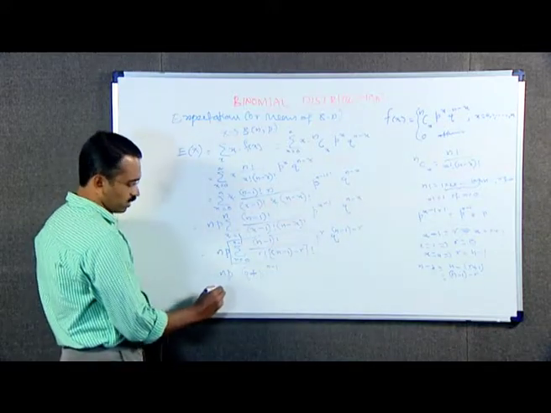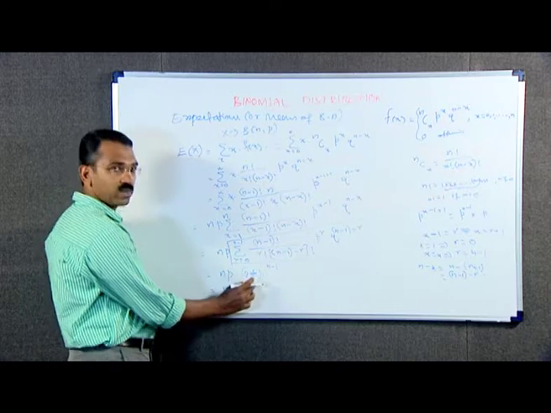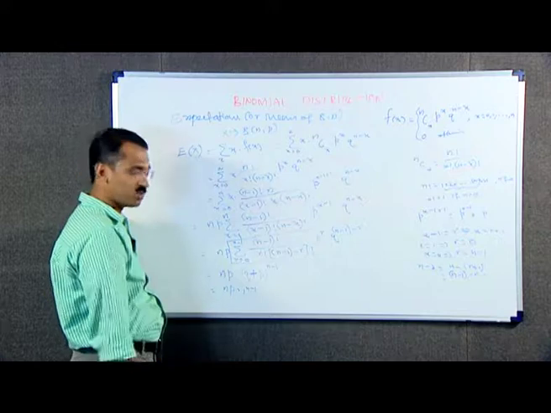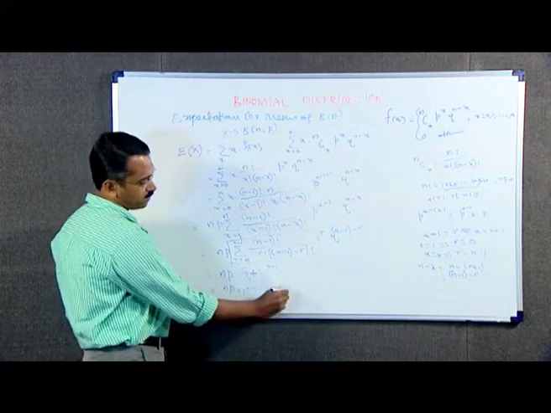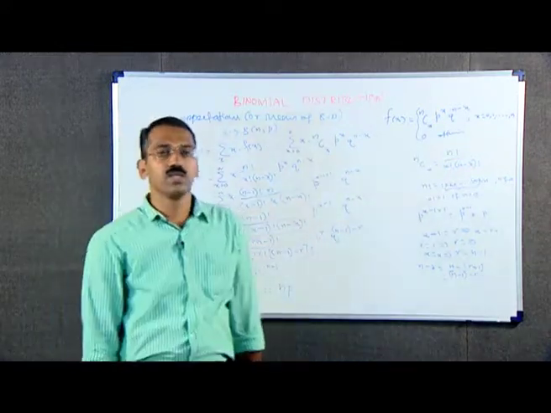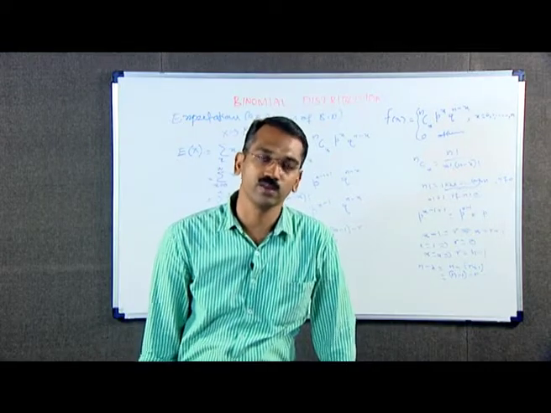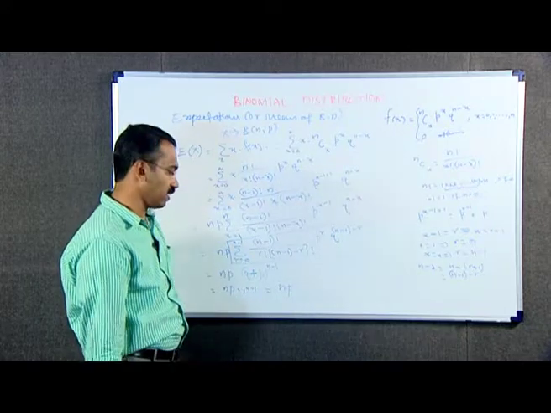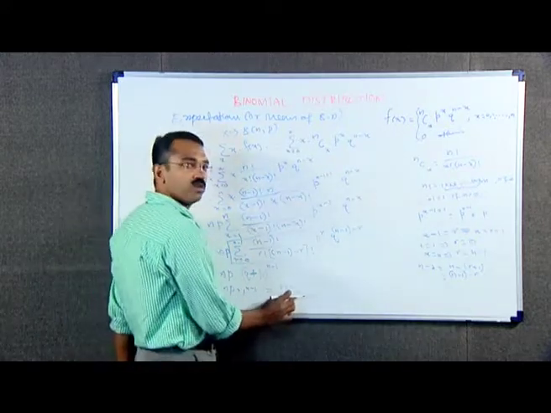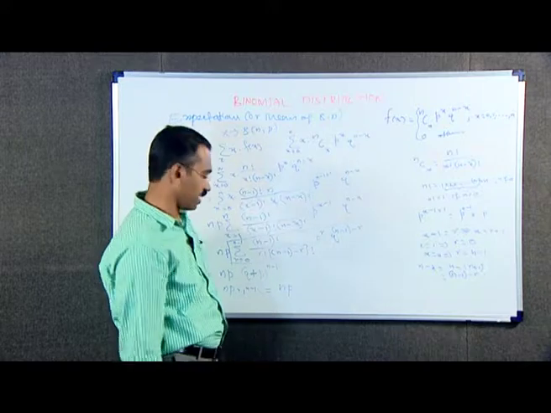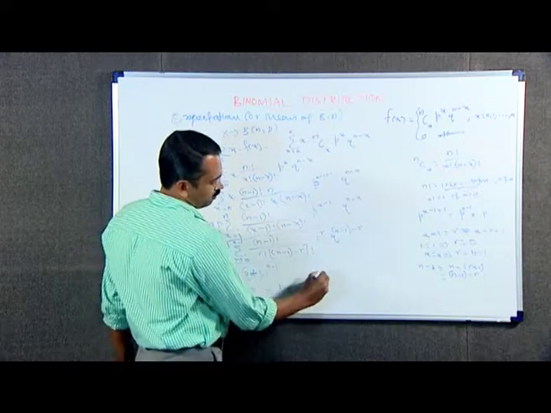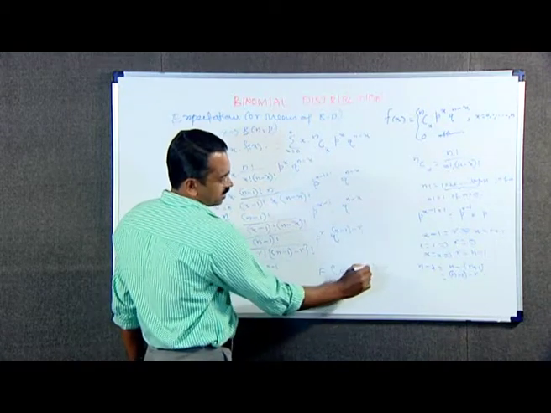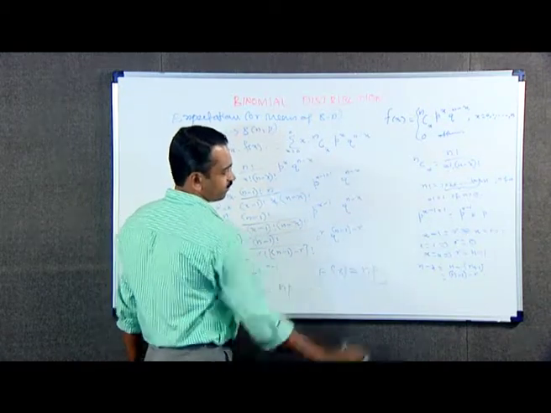That is equal to n p into q plus p is 1 raised to n minus 1, 1 raised to n minus 1 is 1, therefore, this is equal to np. That is the arithmetic mean or mean of a binomial distribution with parameters n and p is the product of the parameters n and p. That is E of x is equal to n into p.